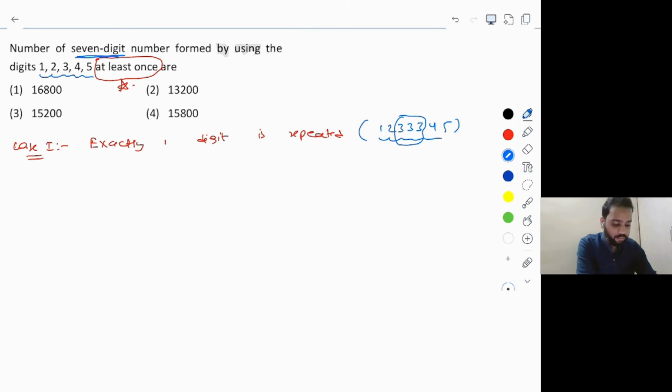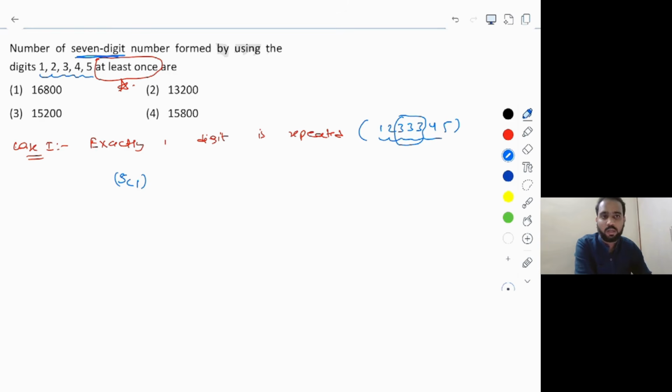Now, the first thing you have to do is pick the digit which you are going to repeat in the number. In this example I'm repeating the number 3, but is it mandatory? No, obviously, because you can repeat 1, 2, 3, 4, 5, anything as per requirement. That is why first of all you have to pick the number that you are going to repeat. Out of 5 numbers, you have to pick exactly one, which is 5C1.